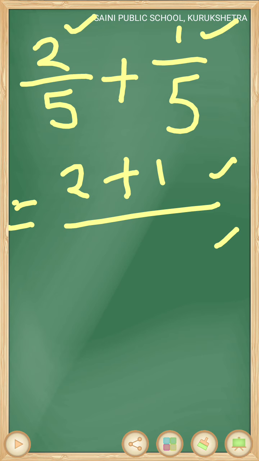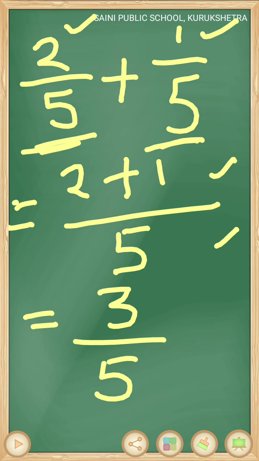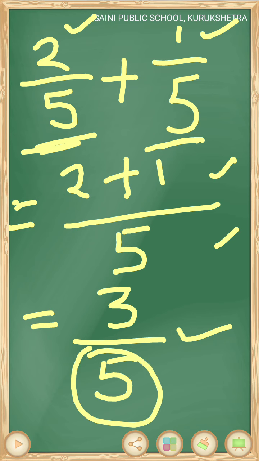Now, in the denominator, you can see both denominators are the same, so we will write the same denominator, that is 5. Now, what will be the answer? 2 plus 1 is 3. So, 3 by 5 is the right answer. You can see in the answer that when we add the given fractions, the denominator is always the same, but the numerator will be different.